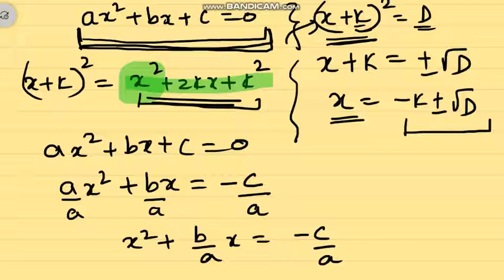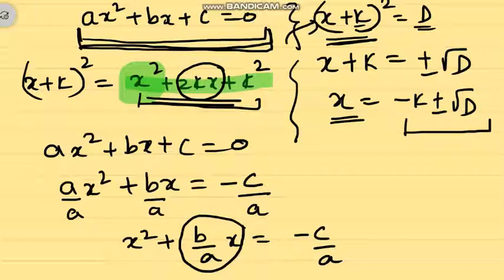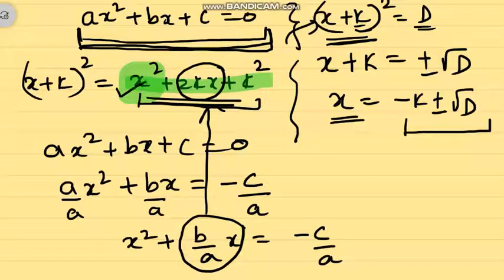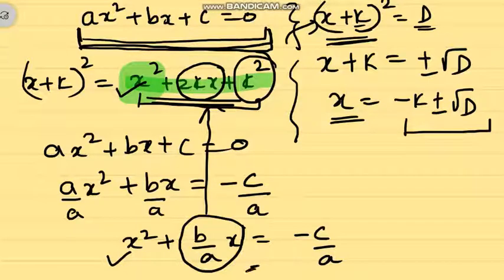Now see children, what middle term do you need? You need 2kx in the middle, and this b by a x should be transformed that way. Because your first term is here and you have to bring your k square, you don't have k square here, you have to add k square also.